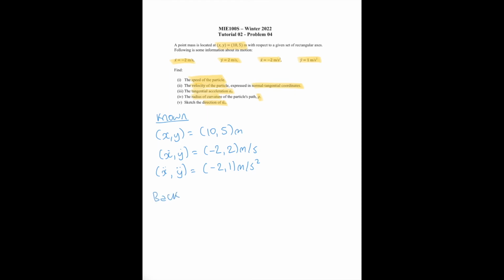So before we start with the question, let's go through some background information. So first of all, what is the normal and tangential coordinate system? The normal and tangential coordinate system are expressed in en and et.